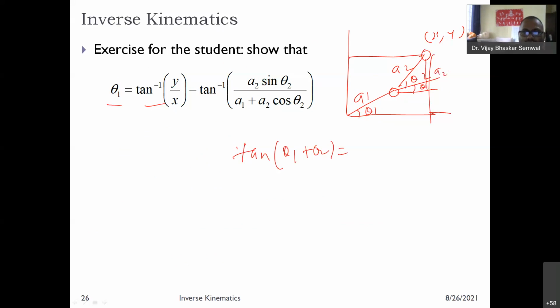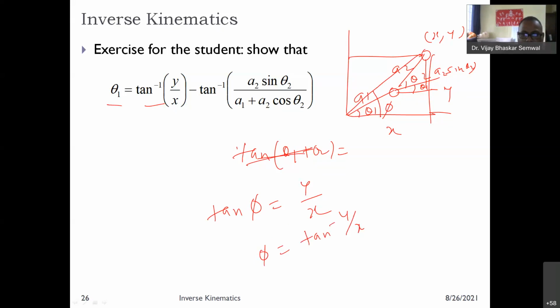This is A2 sin theta 2 and this value A1 sin theta 1 you are getting. Or either you consider this phi angle. This is tan phi. Okay, tan phi is what? Y upon x. This tan phi is y and x. Okay, so phi becomes tan inverse y upon x.